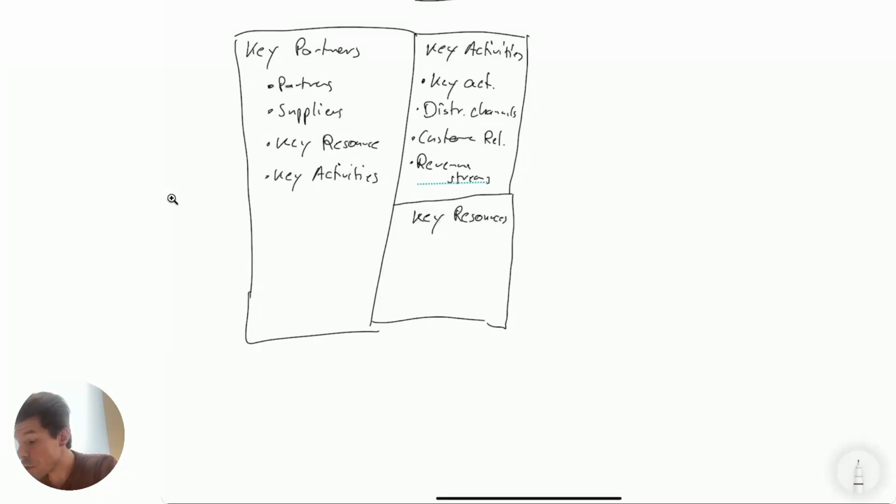Do we need financial resources? If we talk about a production company, talking about raw material, what type of productions do we need? What kind of resources do we need to provide value?